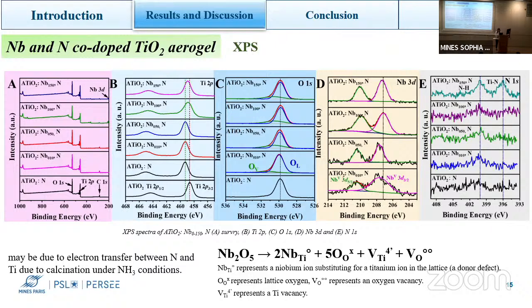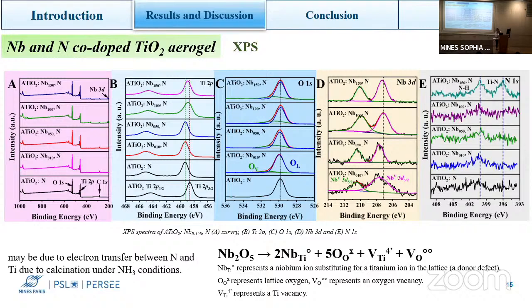So I don't really understand. And just to be sure, when we show XRD, is it always after calcination at 550 degrees? Yes. Okay.